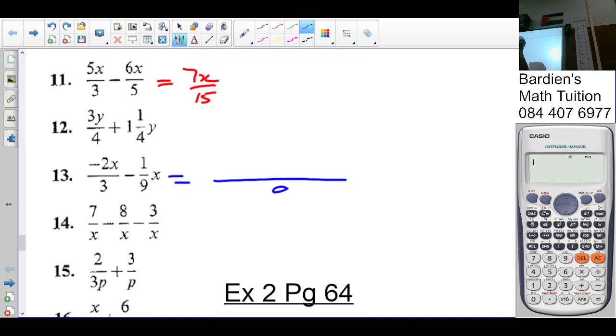So 9 is your LCM. So you don't have to go to 18. Can you see that, people? You multiply that by 3 to get 9. So negative 2x times 3 is negative 6x. 9 times what is 9? 1. So negative 1x times 1 is negative x. So that's going to give us negative 6. Stop using your head. Use your number line. Negative 6 minus 1 is negative 7x over 9.